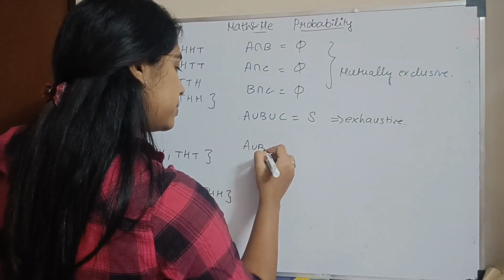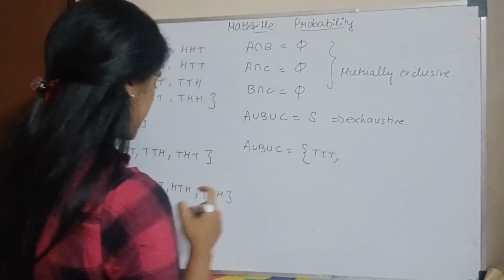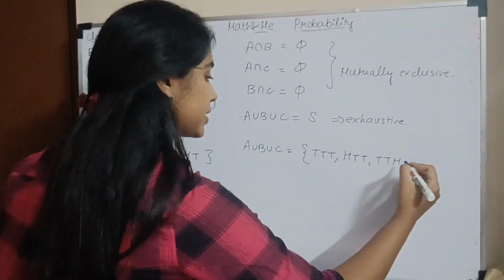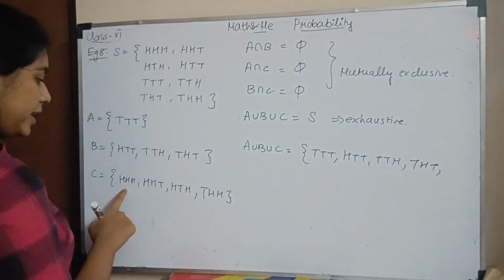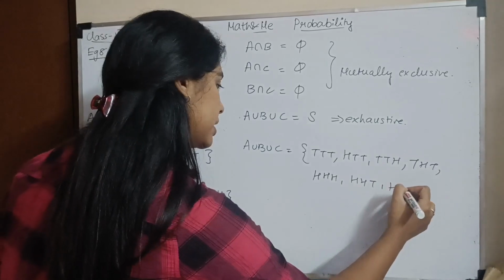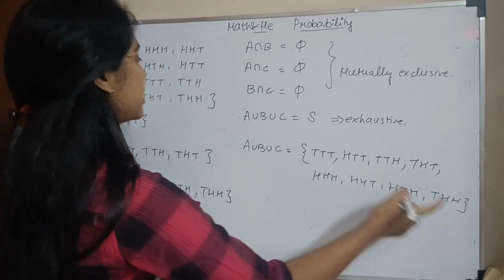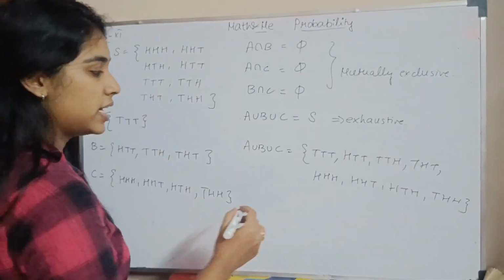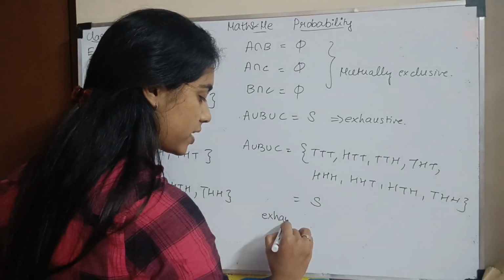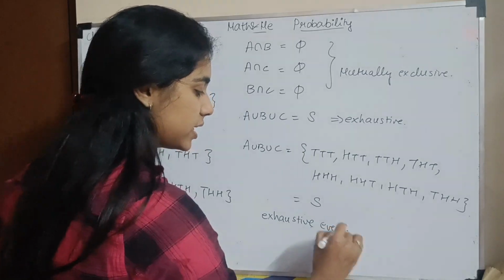So A union B union C equals TTT, HTT, TTH, THT, HHH, HHT, HTH, THH. 1, 2, 3, 4, 5, 6, 7, 8. So I have 8 elements and they are equal to the sample space, which means they are exhaustive. So they are mutually exclusive and exhaustive events. Okay.